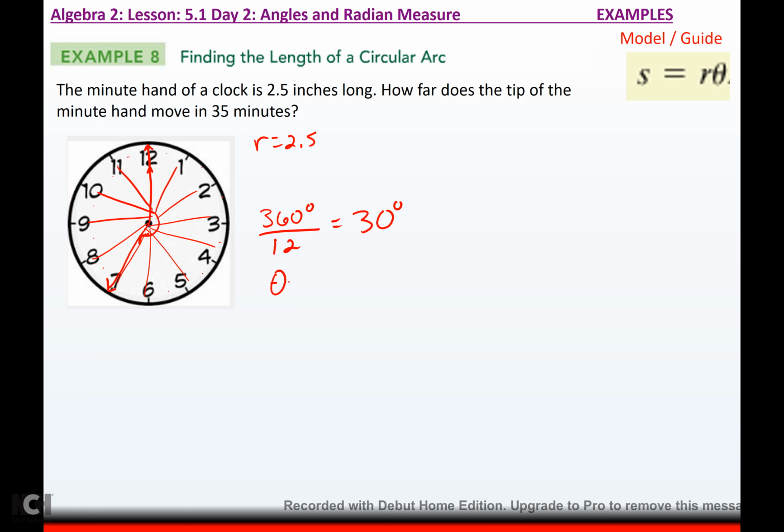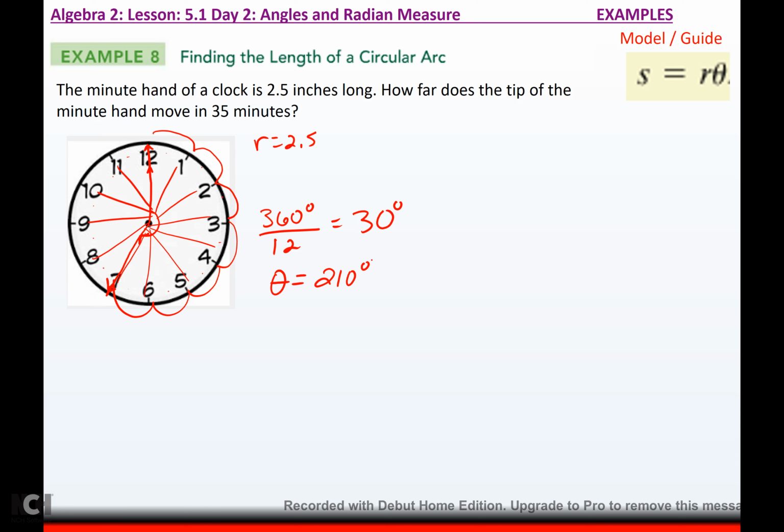So there, my theta would be 30, 60, 90, 120, 150, 180, 190, 200, 210. So my theta is 210 degrees, right? 7 times 30 is 210 degrees.